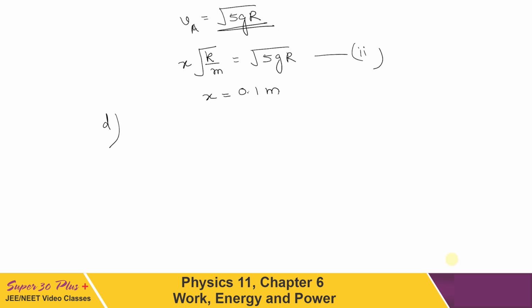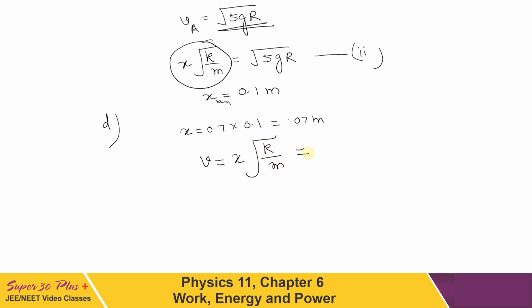When the spring is compressed by 0.7 of the x minimum we had got, this time we have to consider x equal to 0.7 into 0.1, that is equal to 0.07 meter. The speed acquired by the ball can then be calculated from the formula given above. It will be equal to x root under k by m. On substituting the values, it will come out to be 7 meter per second.